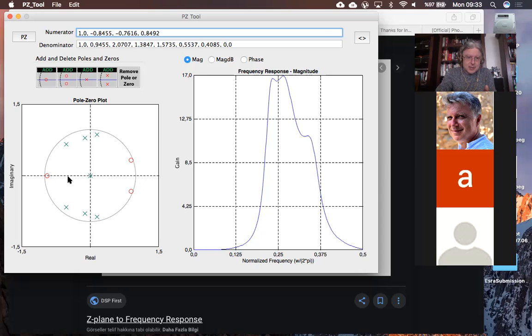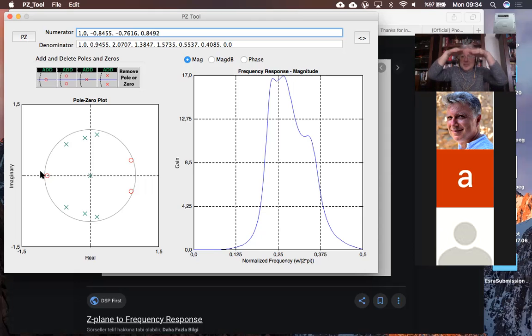Look at this. When I look at this pole zero plot, I can immediately see that it's a bandpass filter. Between this frequency and this frequency, it shows a small distance to the pole, so it exhibits a large value, and around low frequencies and around frequencies of pi, which are high frequencies, it must be suppressed.